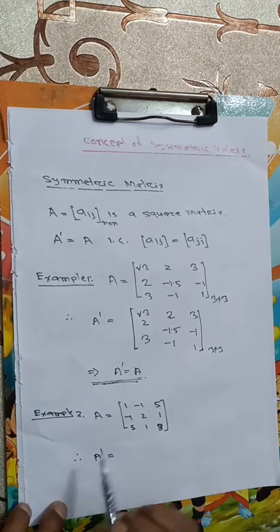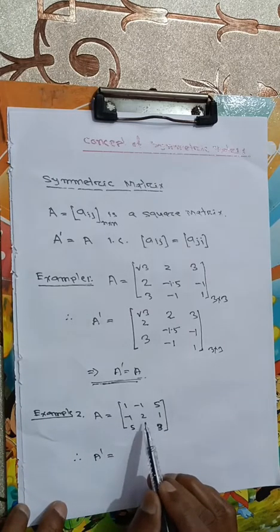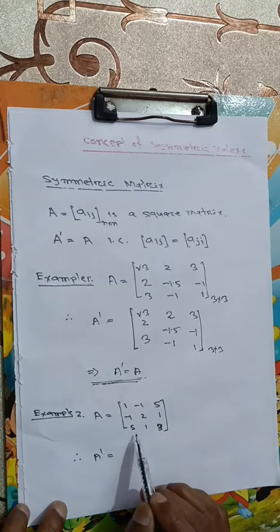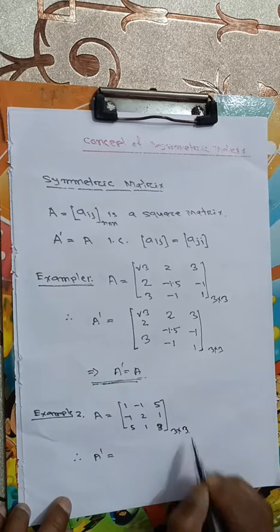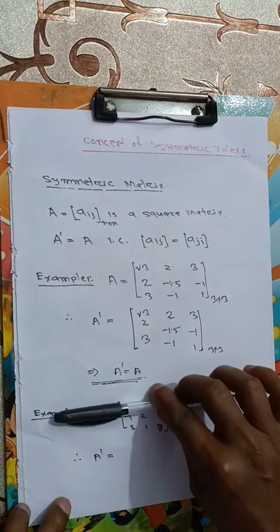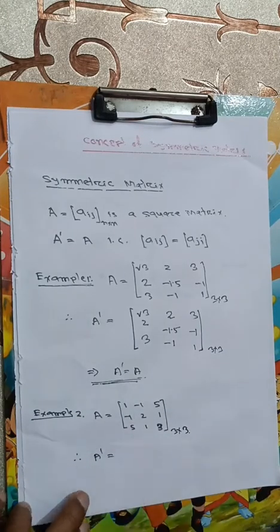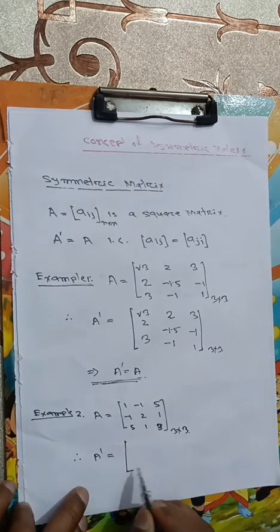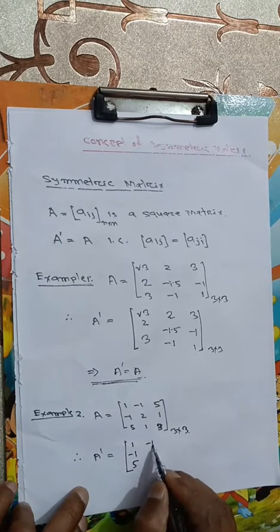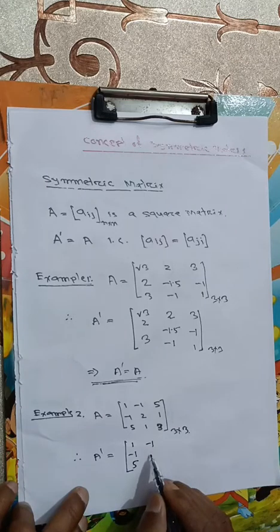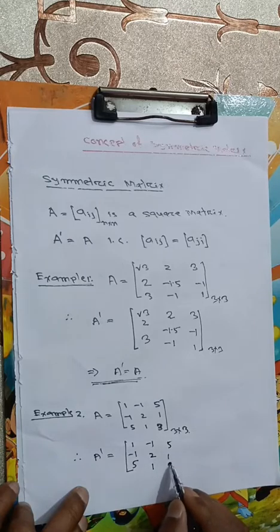Similarly, we take another example. A is equal to 1, minus 1, 5, minus 1, 2, 1, 5, 1, 3 of order 3 into 3. If we interchange the 3 rows into 3 columns, then we get a new matrix, that is 1, minus 1, 5, minus 1, 2, 1, 5, 1, 3.